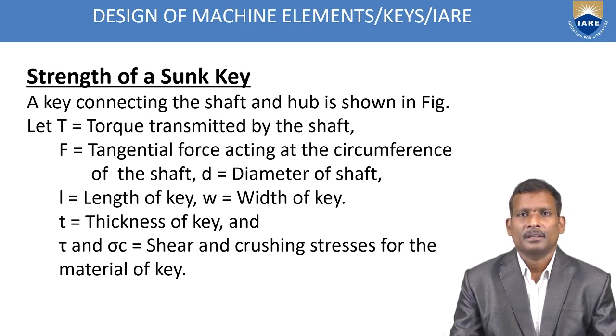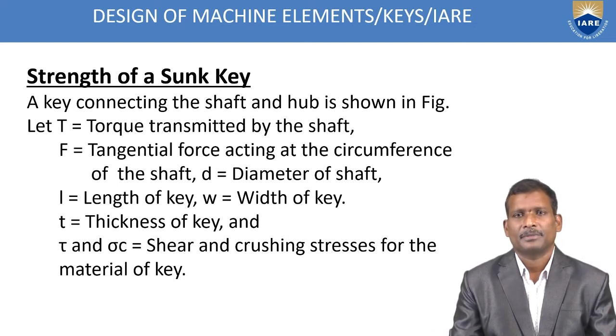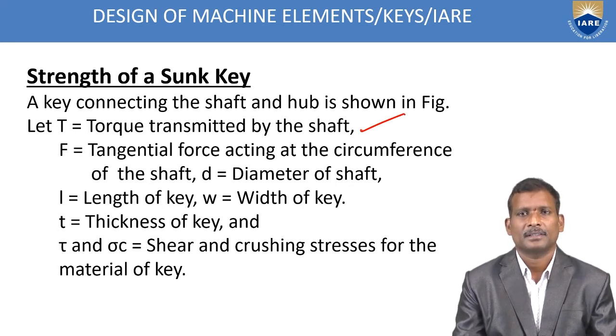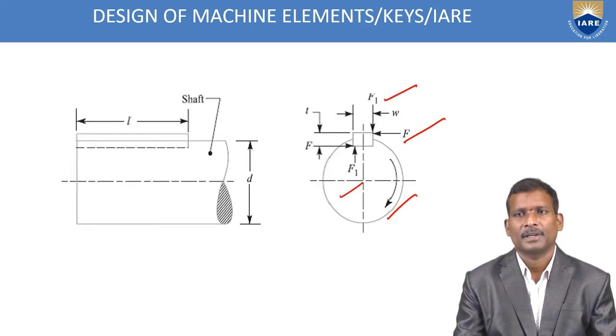A key connecting the shaft and hub, we have already seen in the figure. Let T be the torque transmitted by the shaft and F the tangential force acting at the circumference of the shaft, as we have already seen in this figure.